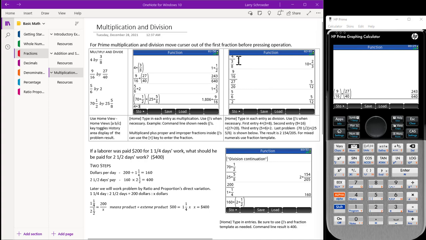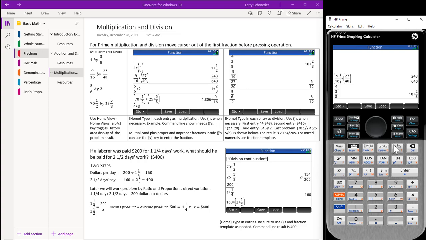So let's take a look at the very first entry over here in our calculator. 4 divided by the fraction, so we'll put parentheses, and 3 divided by 8, and then we'll press enter. Then we'll switch this over to a mixed numeral and get the answer to be 10 2/3.